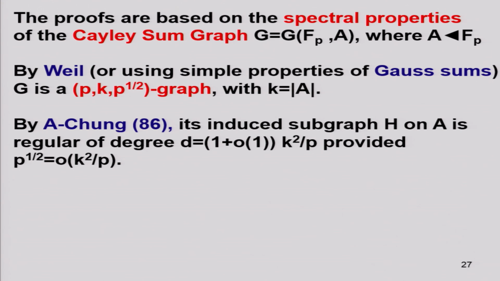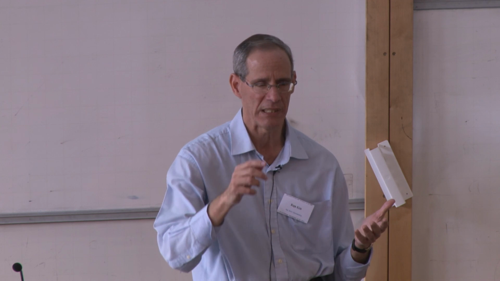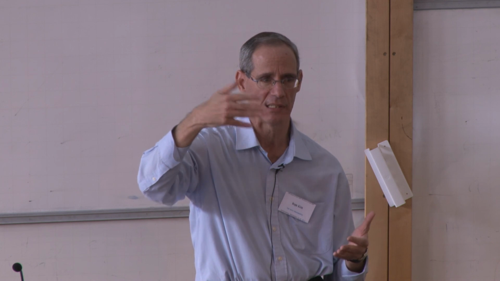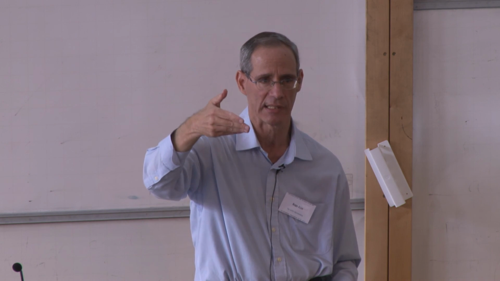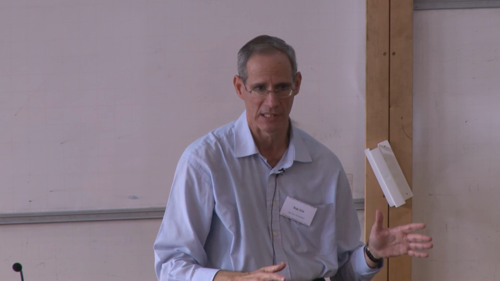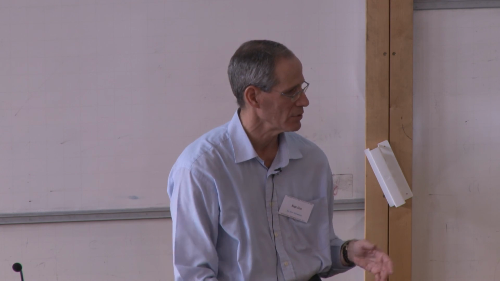Okay, and this is regular. It is regular because it's a multiplicative group. Let me not, this is a simple thing. And it is regular of the right degree. And the right degree is k^2 over p, because the probability that something is an edge is like k over p, and let me just say that the right degree is k^2 over p.